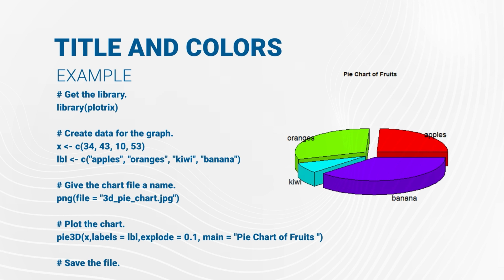Here we can write pie3D followed by x, followed by labels, followed by something called explode = 0.1, and then main. What main means is the title you want to give the chart. So this is the pie chart of fruits, it is the title given, so you can view it in the figure, that is the same. So again, dev.off is to save the file.